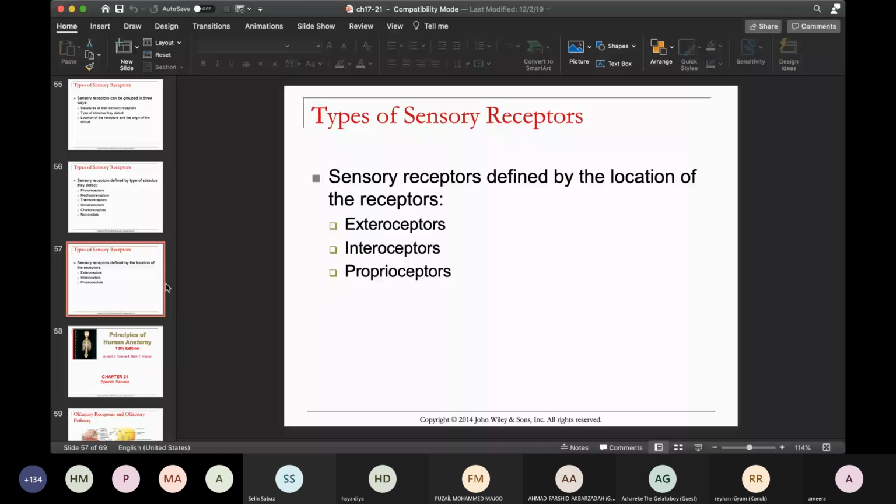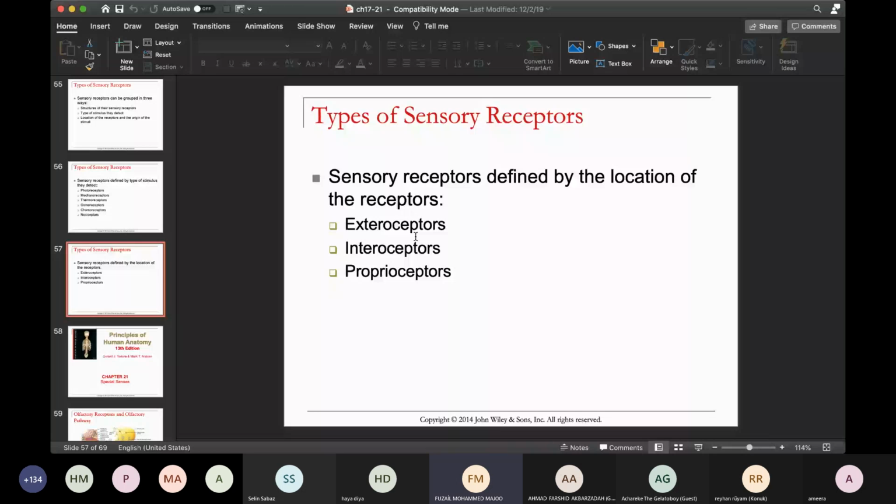Exoreceptors. All right. The last one: receptors that are defined by the location of the receptors. Exoreceptors are located at or near the external surface of the body. Extra means exterior or outside. Intero means within, inside.